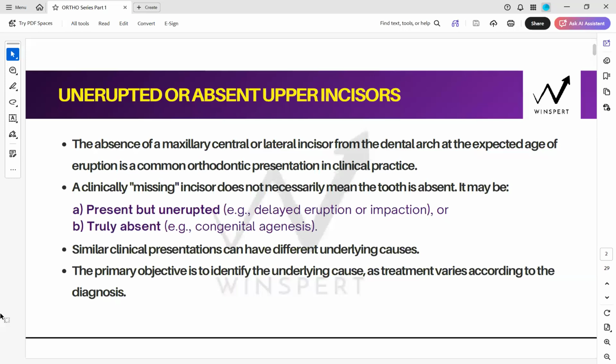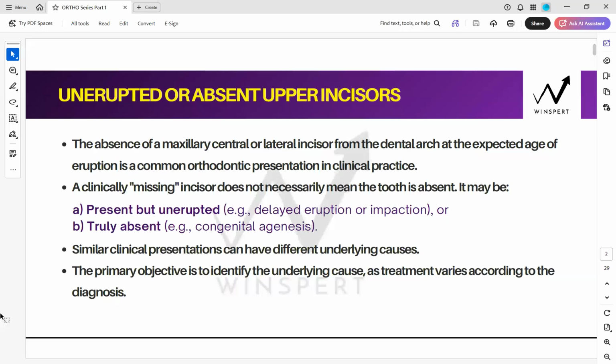So, a clinically missing incisor does not mean that the tooth is not present or that it is completely absent or not developed. It can be present in the jaws but unerupted. So, it could be delayed eruption or impaction, or it could be truly absent, like a congenital agenesis where it did not even develop.